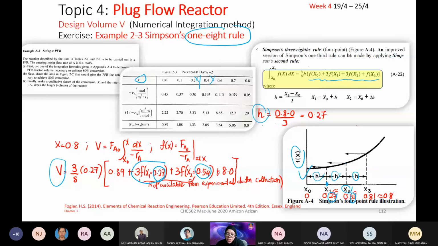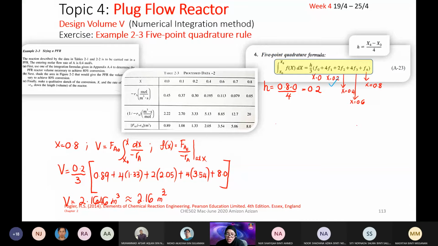But for the 5-point quadrature, yes, we can, here at 20%, 40%, 60%, and 80%. Then it tallies with the sampling data. So from the numerical integration method, the volume using the 5-point quadrature is 2.16.